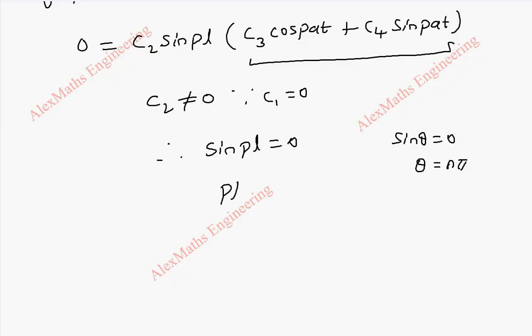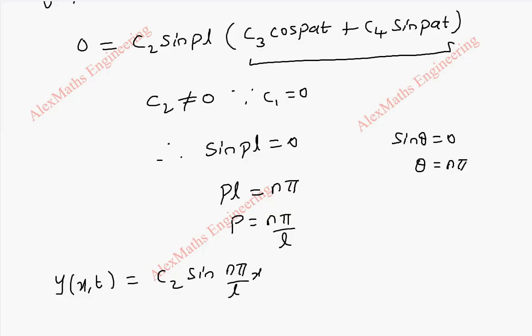So this pl is like theta, so pl is n pi, and from this, p is n pi by l. So our solution is y of x comma t becomes c2 into sin px, where p is n pi by l, then x into c3 cos pat plus c4 sin pat, so sin pat can be written as sin n pi by l at.